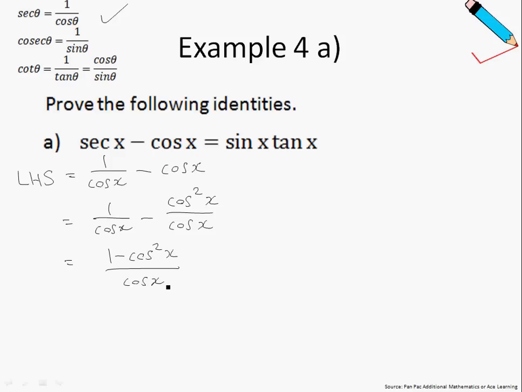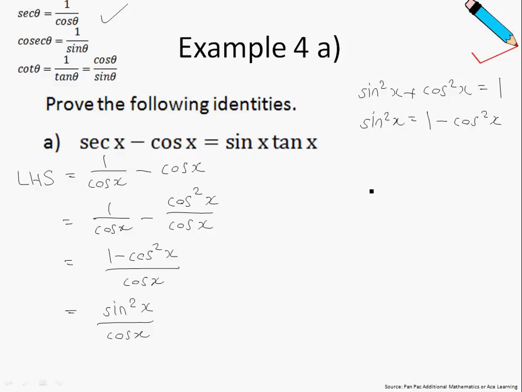Take note, recall this identity that we learned previously: sine squared x plus cosine squared x equals 1. If I shift the cosine squared x to the right hand side of this equation, then sine squared x is just 1 minus cosine squared x. So I can replace 1 minus cosine squared x with sine squared x.